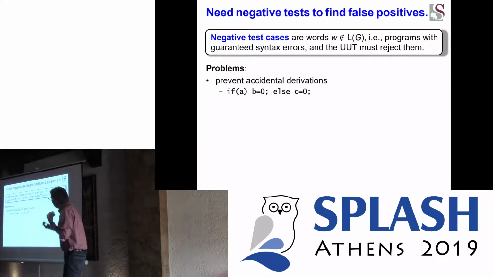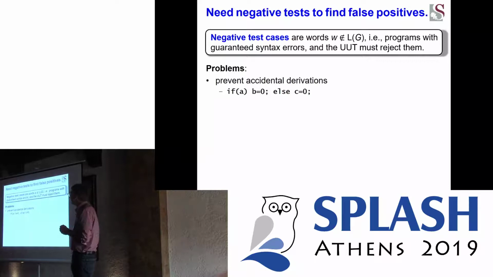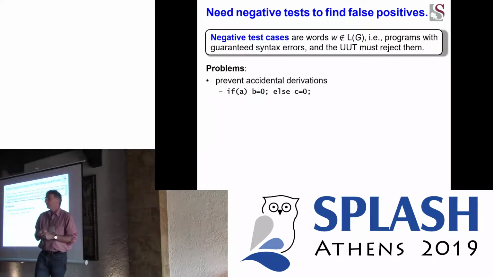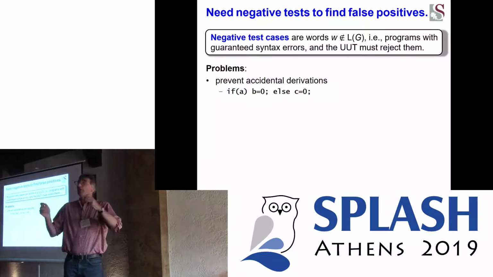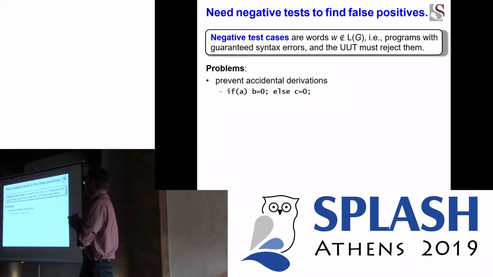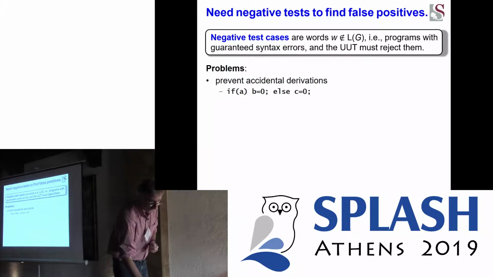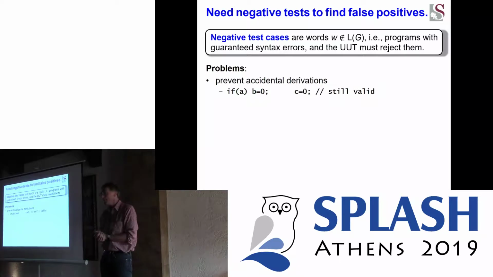We need to make sure that we prevent accidental derivations. So, right, this is, hopefully, a C program, right? And we could say, look, we just change this thing and make it syntactically illegal. For instance, we just remove the else. Unfortunately, that is still a valid C program. Rather than if and else, it's now two statements.